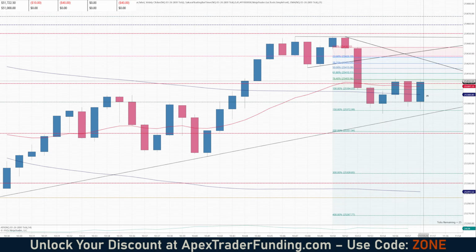This looks really strong here. I don't want to short it at 400. I'm going to wait. I'm glad I didn't. I would have gotten stopped out.